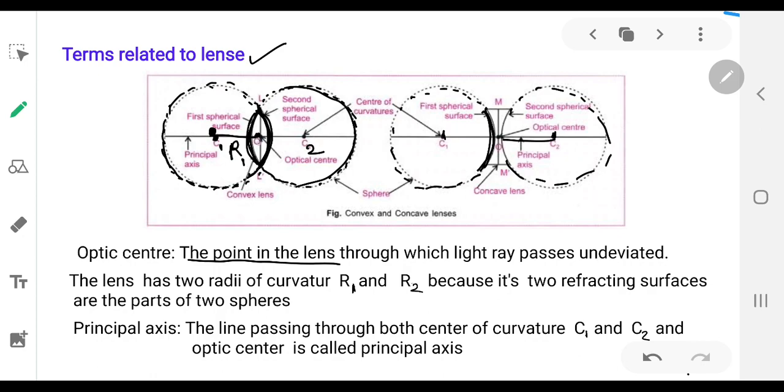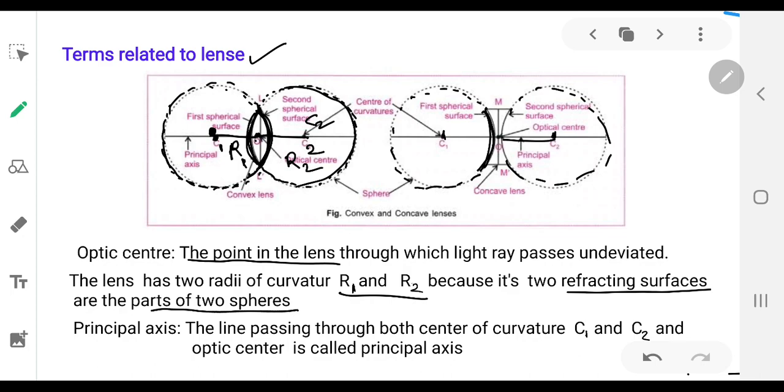So the distance from the optic center to the first center of curvature is R1, the first radius of curvature, and the distance from the optic center to C2, the second center of curvature, is taken as R2. So the lens has two radii of curvature, R1 and R2. It is because its two refracting surfaces are parts of two spheres.